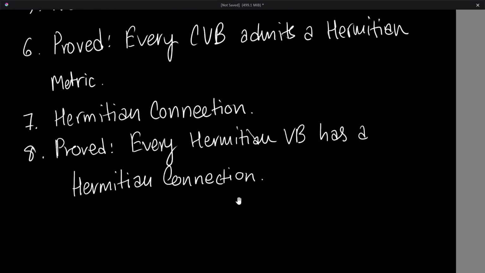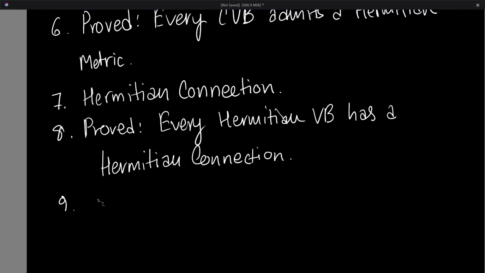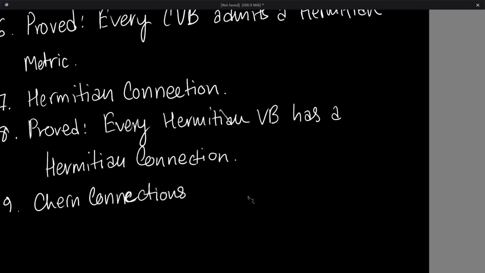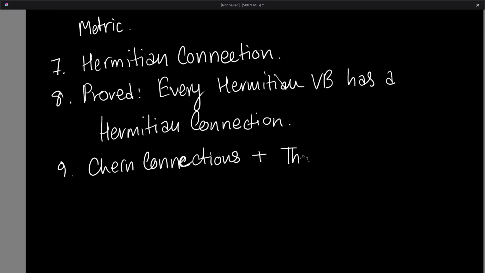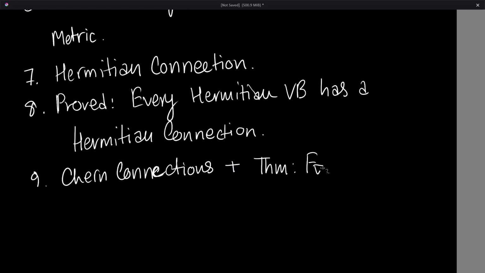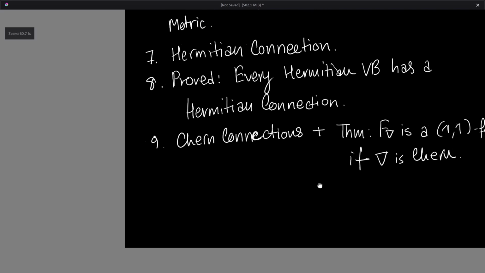And then lastly, we defined Chern connections, and we had this big theorem that F nabla is a 1,1 form if nabla is Chern. So that's what we did so far.